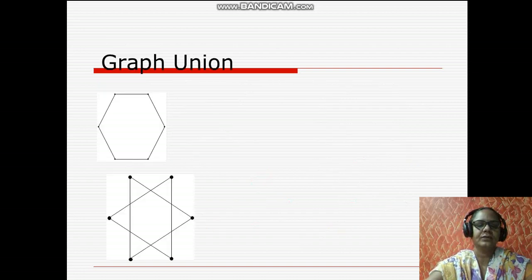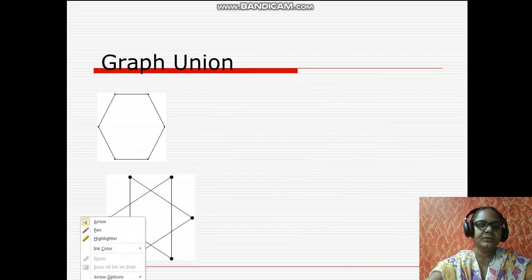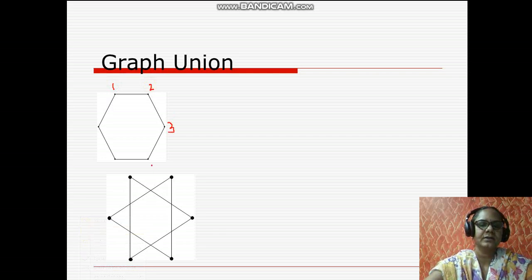Now if we union these two graphs, I'll number this as 1, 2, 3. I'll call this vertex 1, 2, 3 vertex. You can give any name to the vertex. This is vertex number 4, this is vertex number 5, this is vertex number 6.